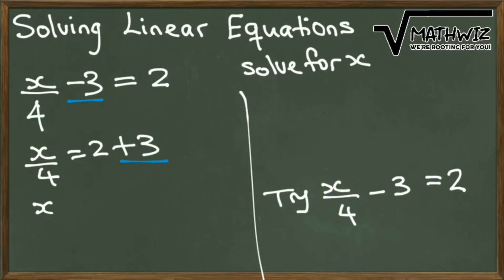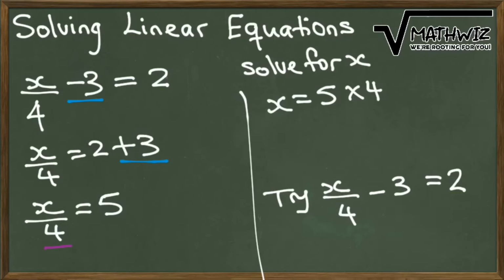And so you'll have x over 4 is equal to 2 plus 3, which is 5. And the 4, which is divided, when you take it across, you will multiply. And 5 times 4 is going to give you 20.